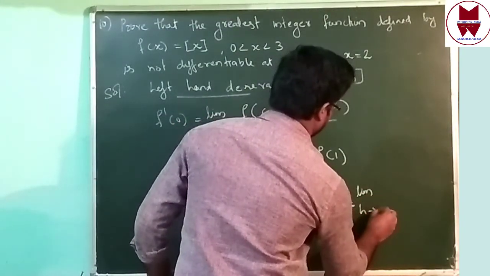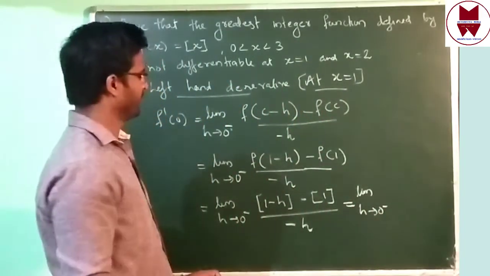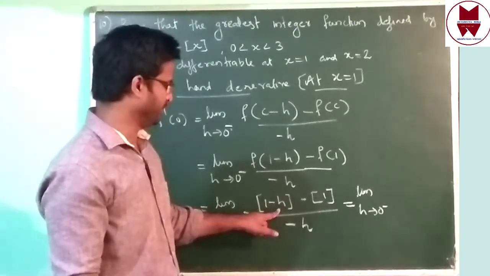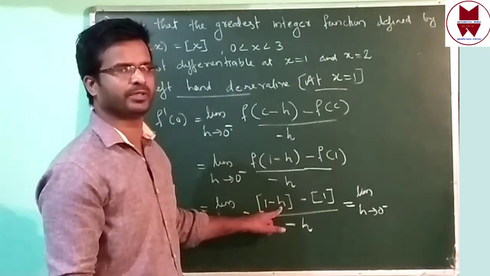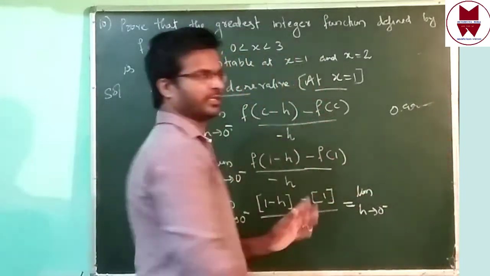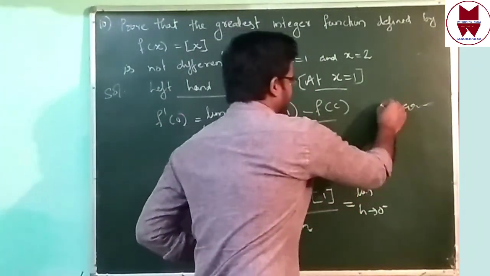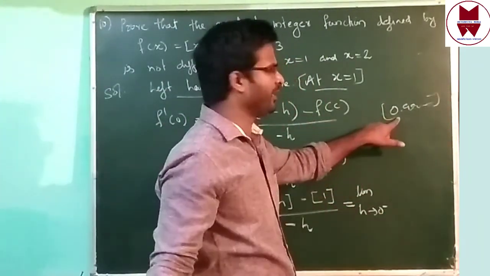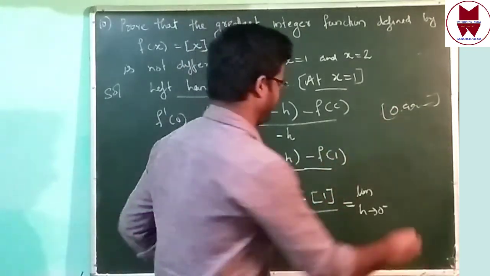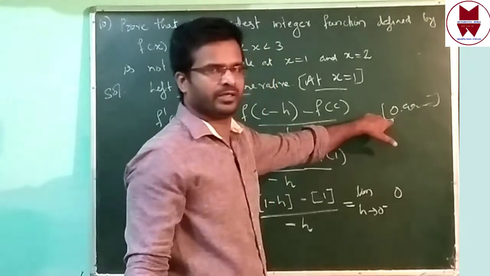Here h means a very small number, isn't it? That means 1 minus that small number, you will get 0.999 maybe, like that one number, isn't it? When you take the greatest integer of that number, our answer will be 0, because here 0 is the only integer, isn't it?